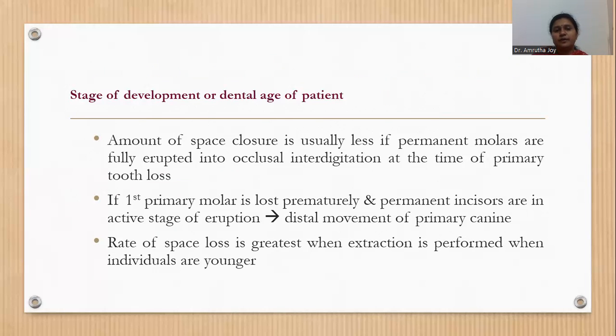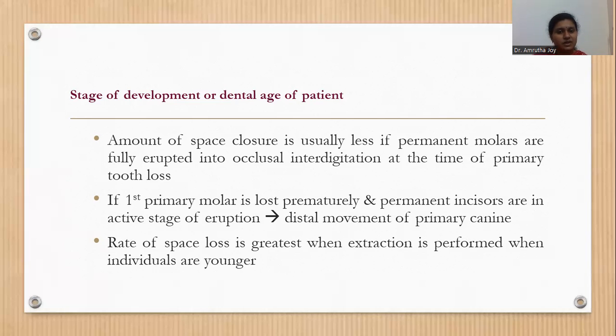Then the stage of development or the dental age of the patient. The amount of space closure is usually less if the permanent molars are fully erupted into occlusal interdigitation. And if the first primary molar is lost prematurely, before the eruption of permanent incisors or during their eruption, there is an increased chance of movement of the canine distally.